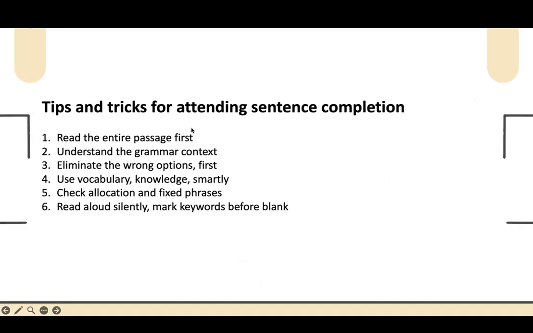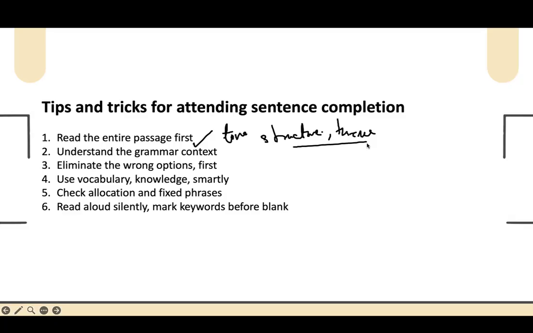So the first tip that you require for this is to read the entire passage. Why read the entire passage? See the tone of the passage. See the structure of the passage. See what theme the passage holds. And get a sense of all these things.